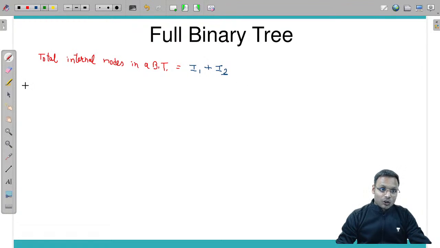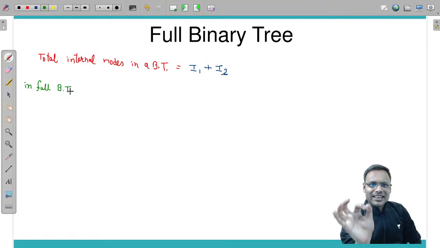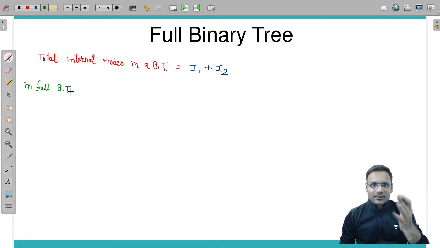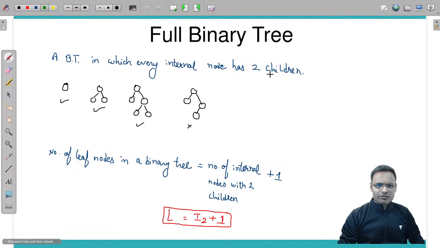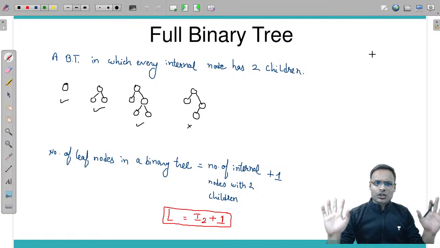Now, if I talk about full binary tree, do we have any internal node with single child? No. और यही तो डेफिनेशन लिखी मैंने, a binary tree in which every internal node has always two children.